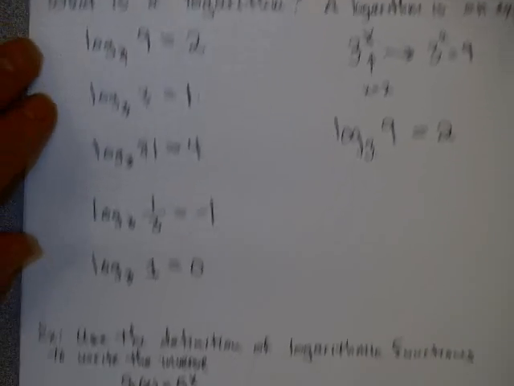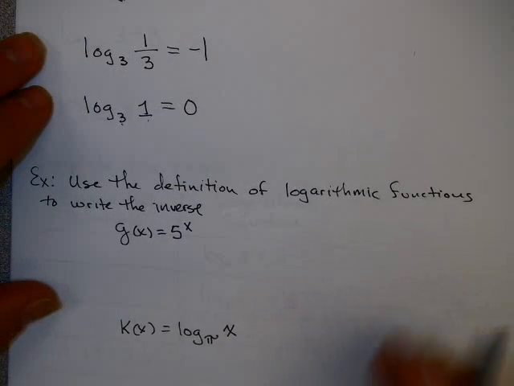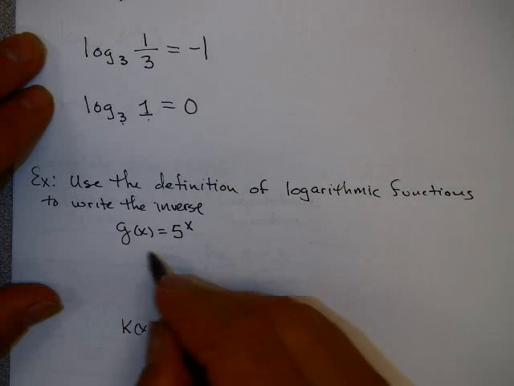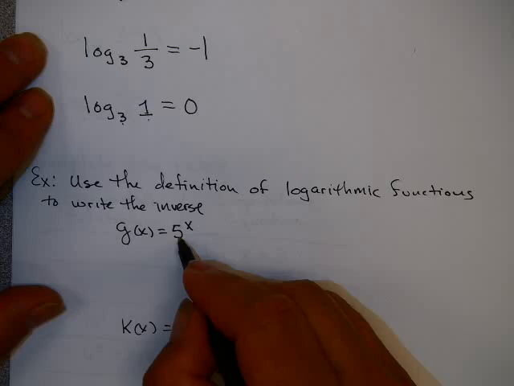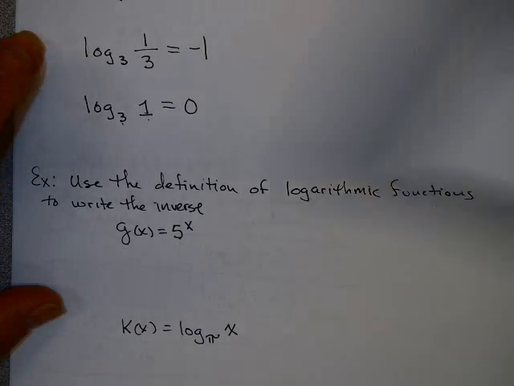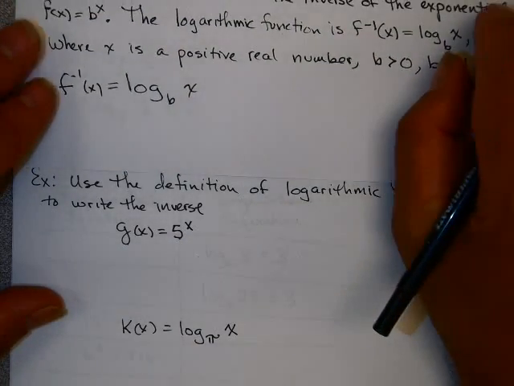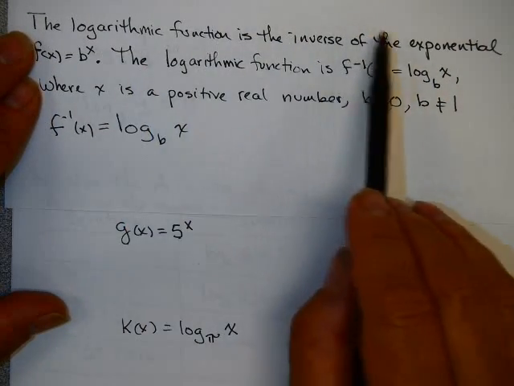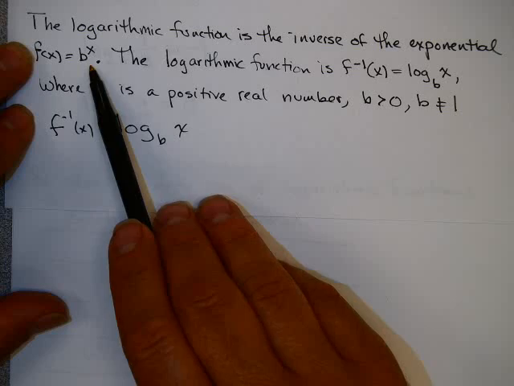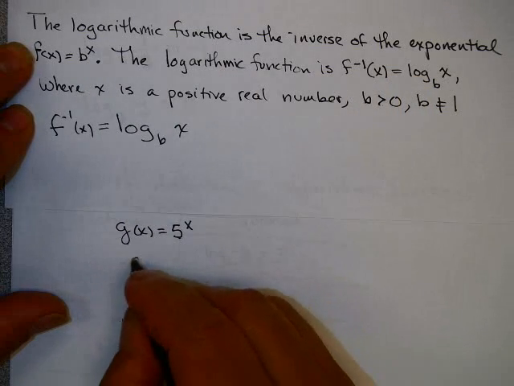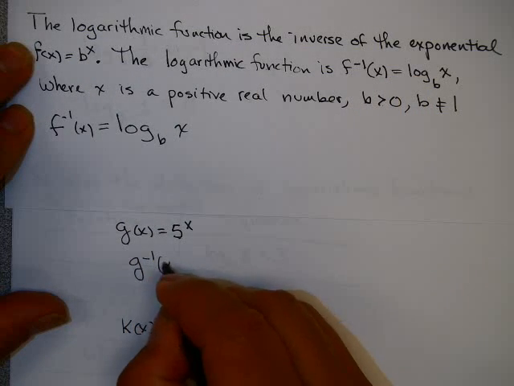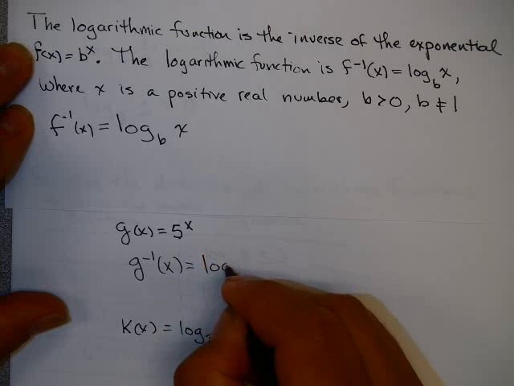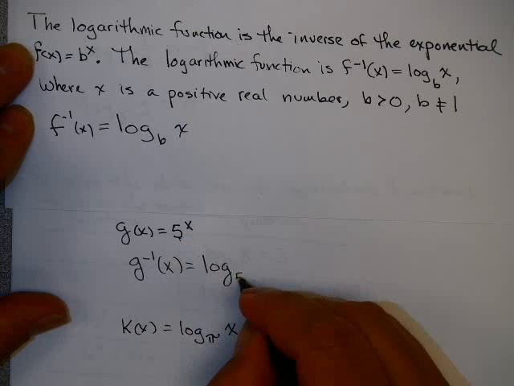Okay, so let's use this definition of logarithmic functions to write the inverse of g of x equals 5 to the x. According to my definition, the logarithmic function is the inverse of the exponential function b to the x. So the logarithm I would write for my inverse is log base 5 of x.